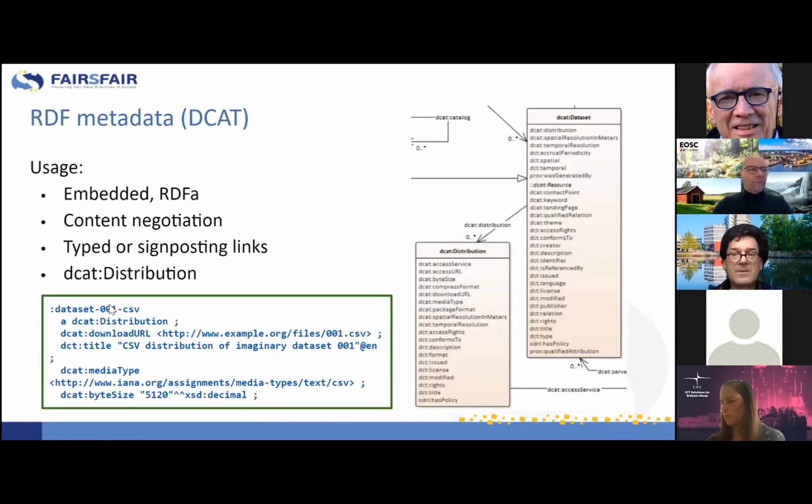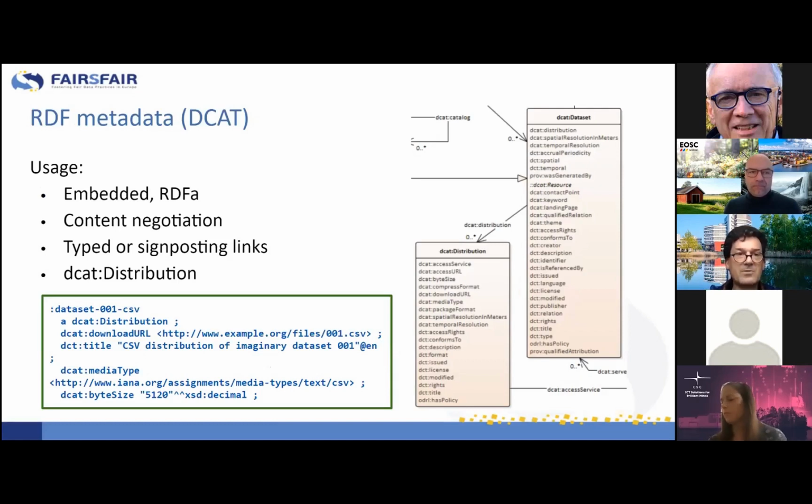Another interesting method to indicate links to data objects is to use the DCAT metadata standard. This was also mentioned several times before. This standard is not domain specific, so therefore it is well suited to serve many research communities.